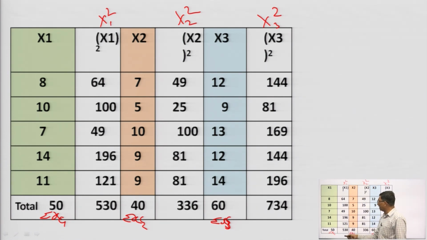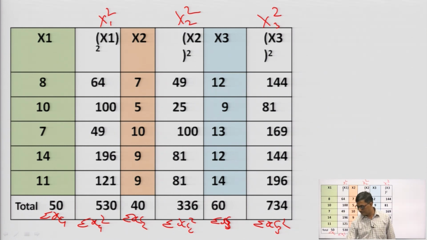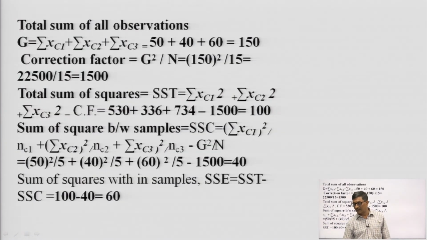Squaring the values and finding the sum of these values, we get summation x c 1 square, summation x c 2 square and summation x c 3 square. We find these sums, then we find the grand total, summation x 1, x 2, x 3.